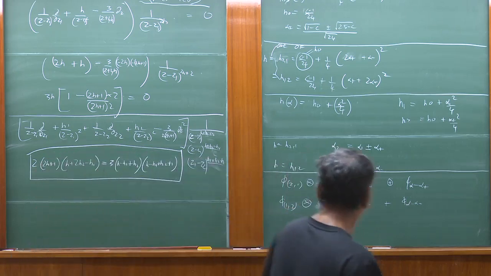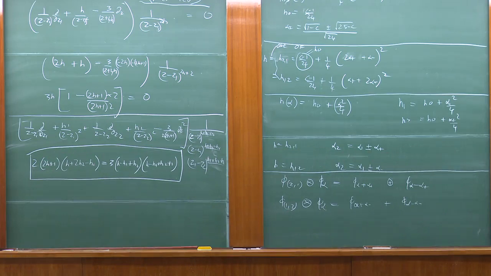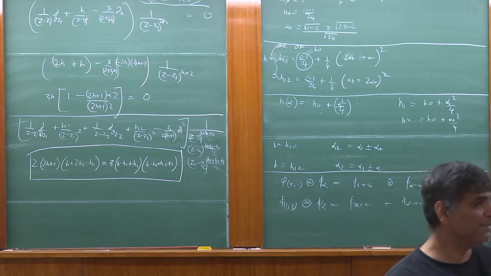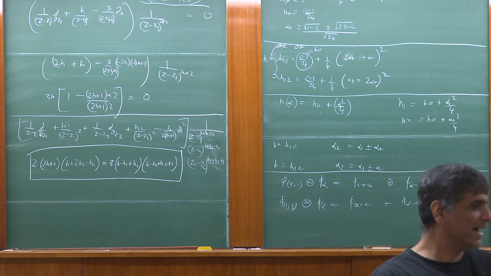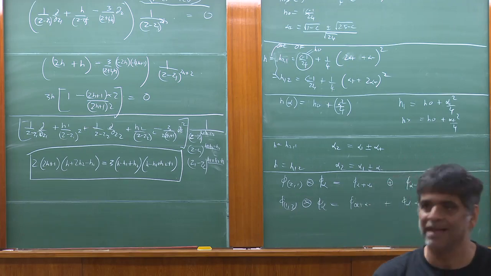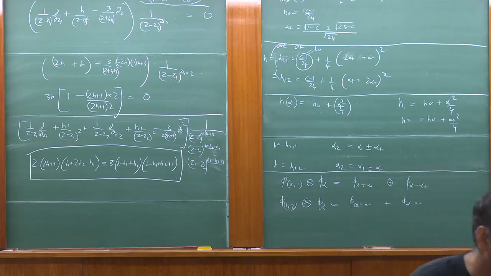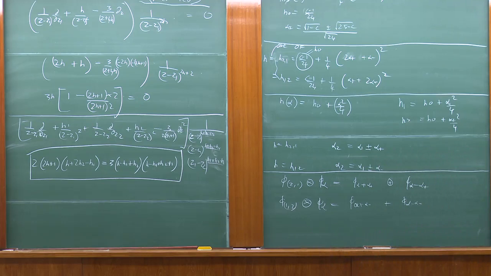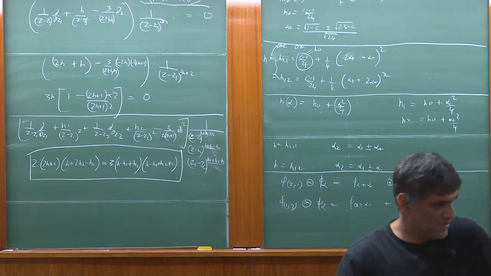Then the only primaries I might get in this process, some of these may appear with coefficient 0, but the only primaries that I could get are a primary with h given by alpha plus and h given by alpha minus alpha plus, and similarly for h 1 2. Is this clear? Because the fusion is proportional to the 3-point function. If there's a 0 3-point function, that OPE will not happen.